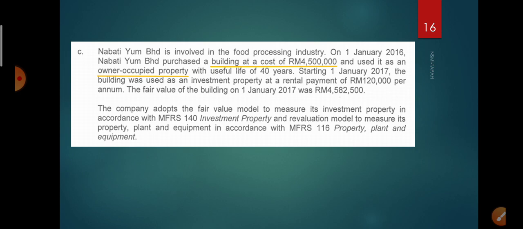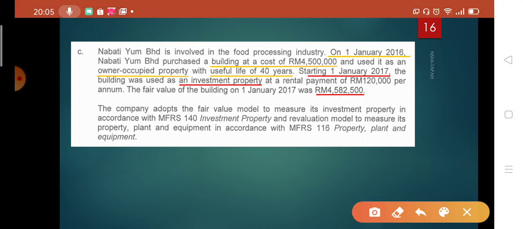At a rental payment of 120,000 per annum, right? The fair value of the building on 1st January 2017 was 4,582,500, right?